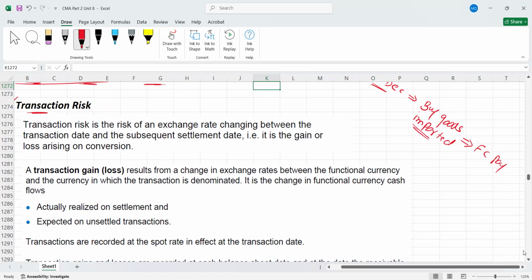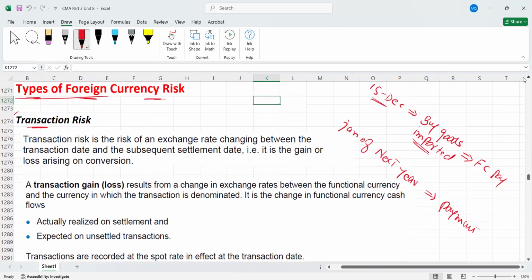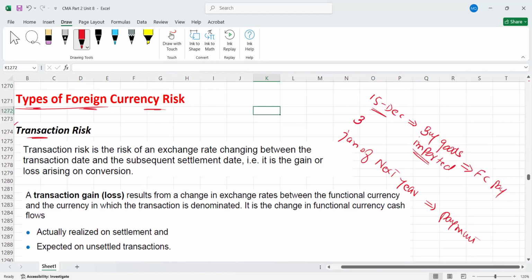You made this transaction on 15th of December, but it is on credit, and maybe you are going to settle in the month of January of next year. In January of next year, you will make the payment. Please remember, in between these two dates, I am assuming we have 31st December, which is our year end.